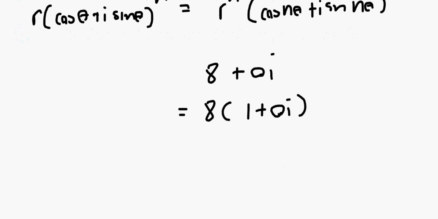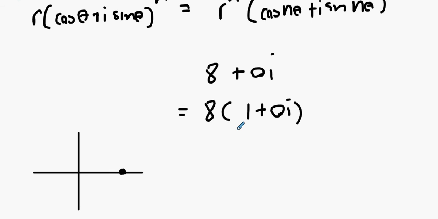Draw 1 plus 0i on your Argand diagram. Right. So let's do that really quickly. Where's it located? One across, isn't it? The distance would be 8, but we took the 8 out. Okay. What angle would make that work?